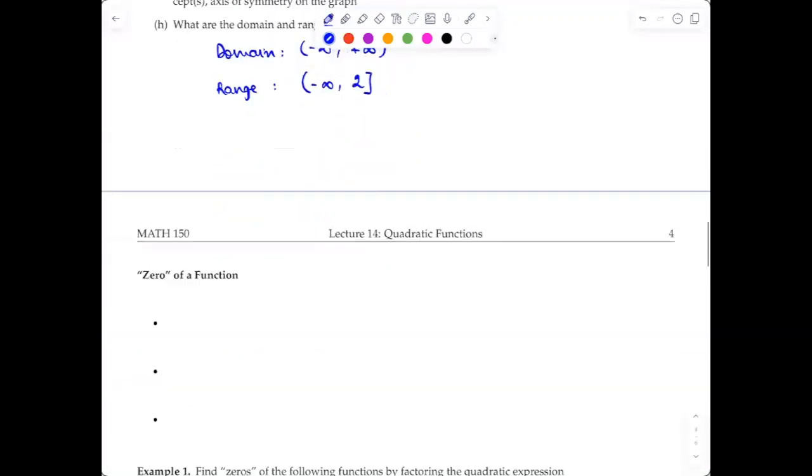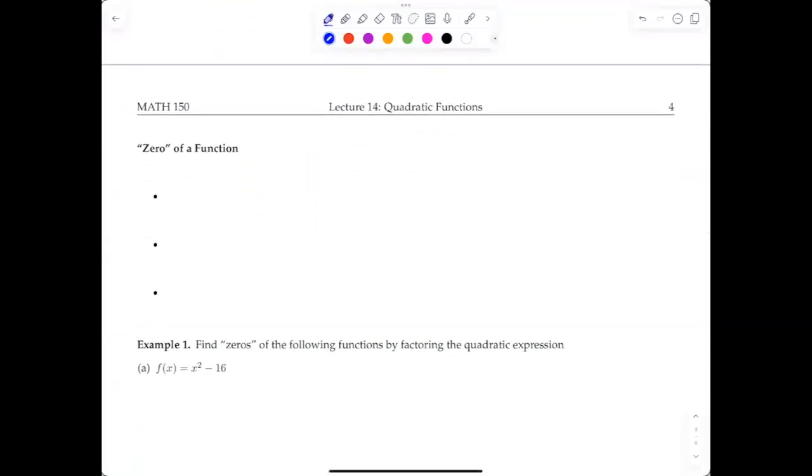All right, so let's move on to a zero of a function. So we wrote the definition of the zero of a function earlier, in another lecture, a few lectures ago. Now let's just write it down again.